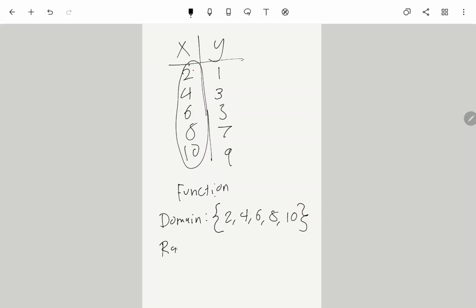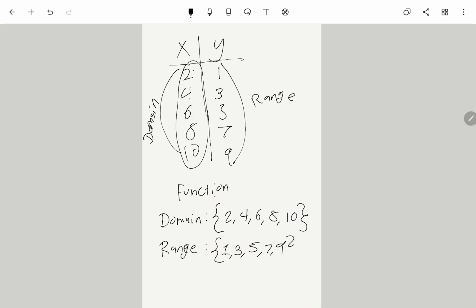Then your range, the y-axis, is 1, 3, 5, 7, 9. So it's a function, with its domain and your range. Now another example.